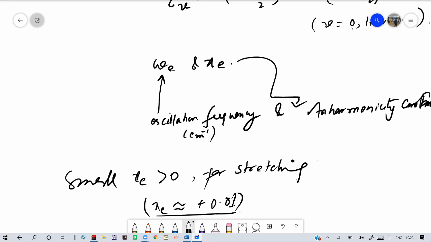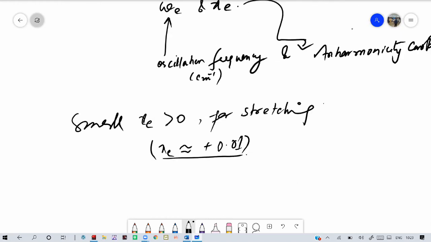That means these vibration levels where there is anharmonicity, their spacing is determined by this anharmonicity constant. Since it is very small, these vibration levels will be crowded. They will be closely spaced.